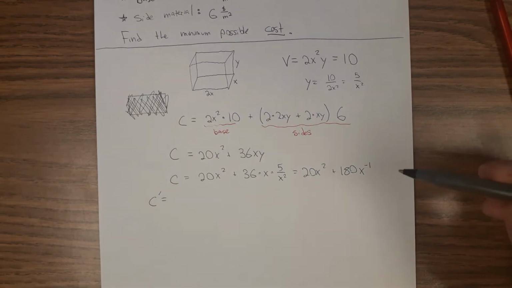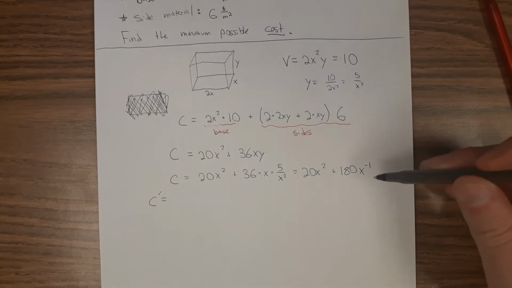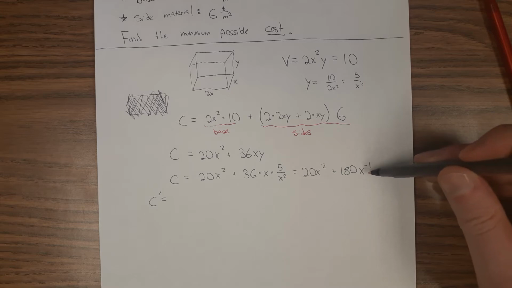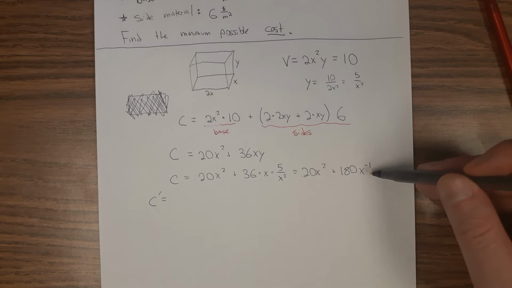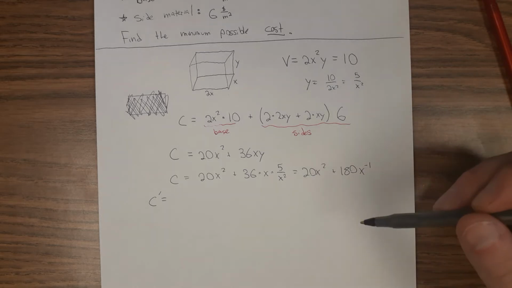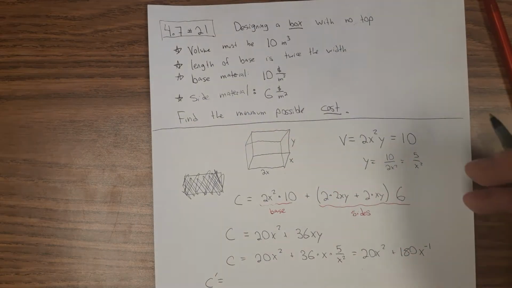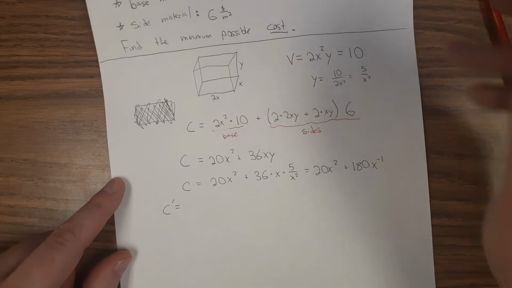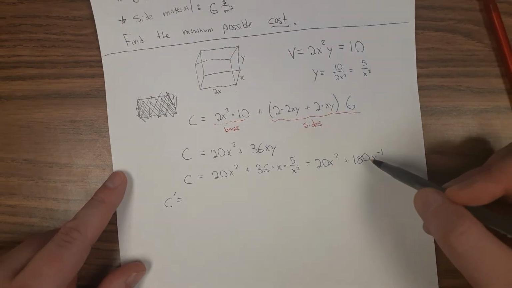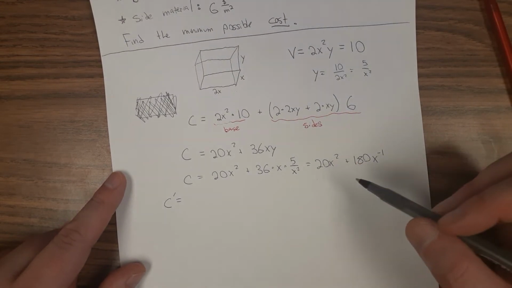Okay, so I have, in terms of just one variable, the thing that I'm trying to maximize or minimize. Now what I want to shoot for is one of these number lines for c prime, and that's going to help me find where the maximum is, or sorry, in this case, the minimum. So I'm going to find where c prime is 0 or undefined.